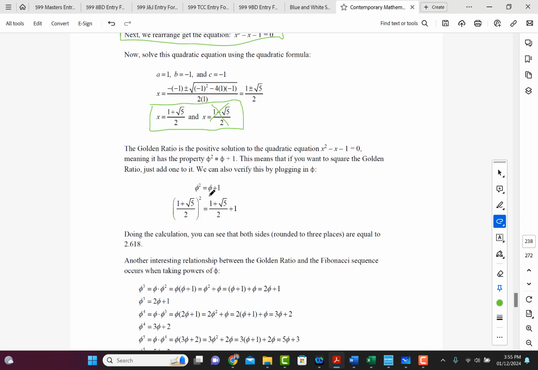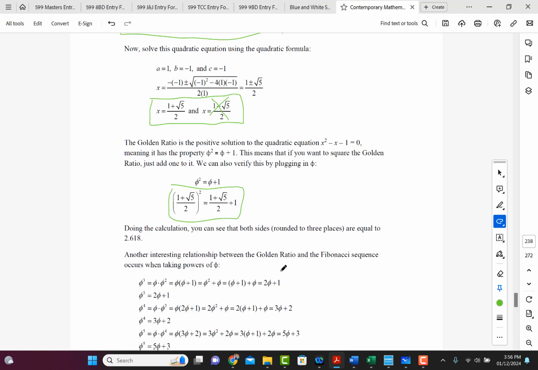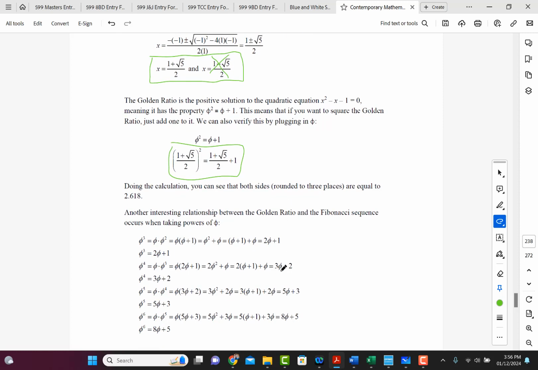So if you plug in phi, we get this. Doing the calculation, you could see that both sides rounded to 3 decimal places are equal to 2.618. Another interesting relationship between the golden ratio and the Fibonacci sequence occurs when we take powers of phi.